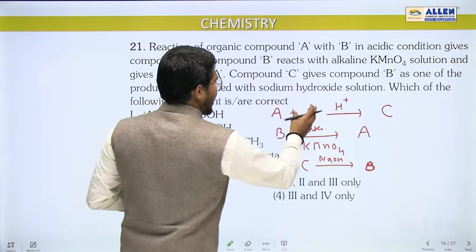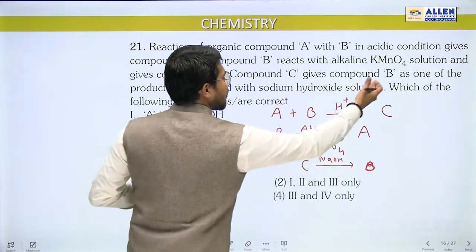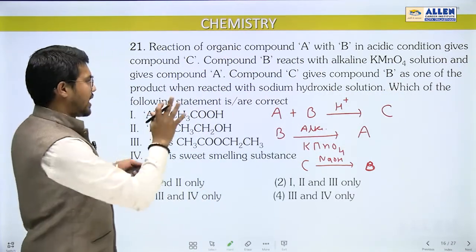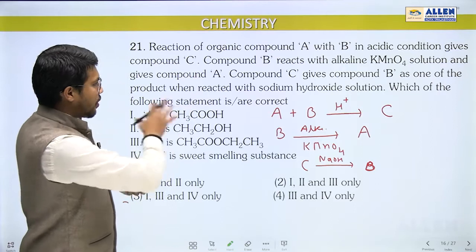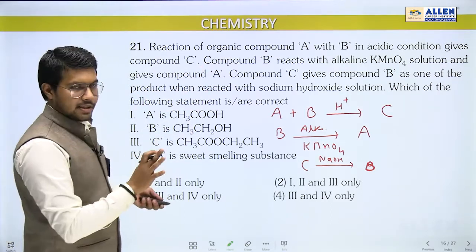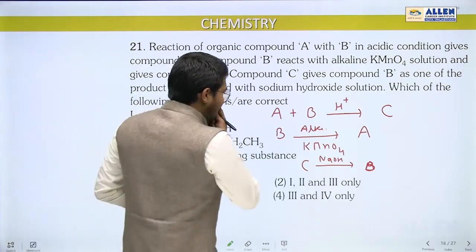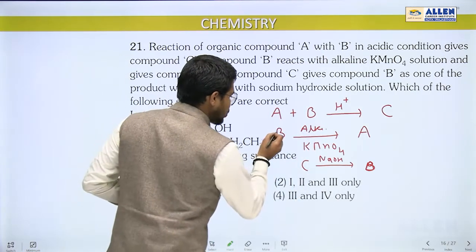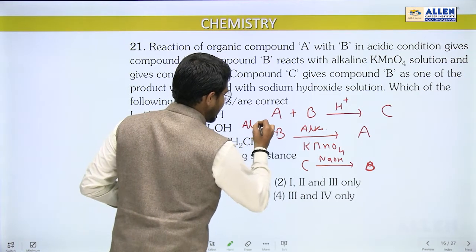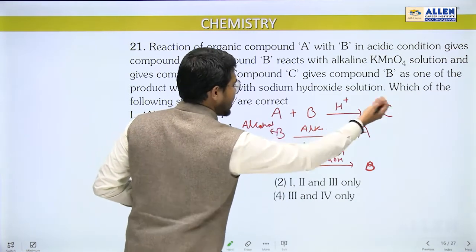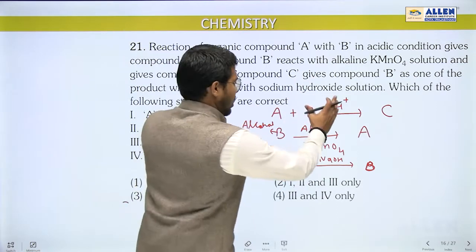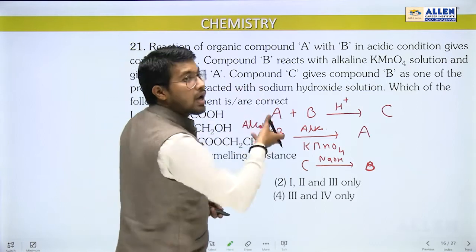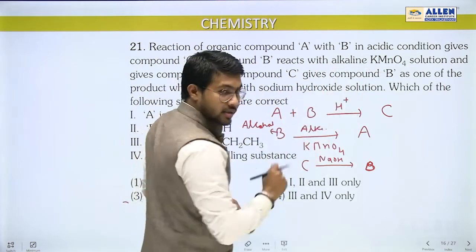If compound A and B are reacting in acidic conditions, obviously they both are forming some ester C. On reaction of B with alkaline KMnO4, this has to be alcohol, because in an acidification reaction one compound contains carboxylic acid and another compound is alcohol, they both react together and they form ester.